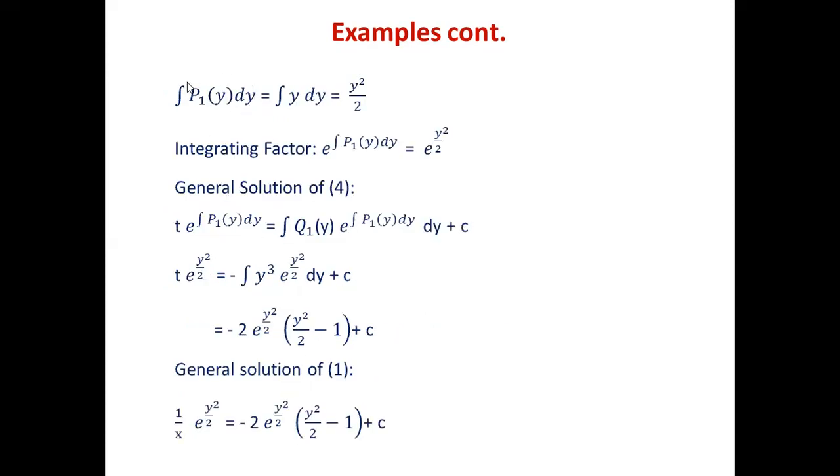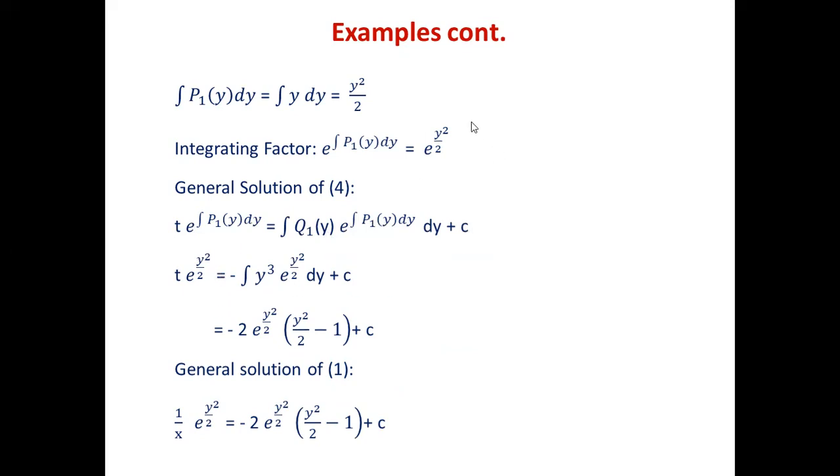Find the integral of P1 of y, and e raised to power integral P1 of y will give you the integrating factor. And write the general solution of the linear differential equation, which is t multiplied by the integrating factor is equal to integral of Q1 of y multiplied by the integrating factor plus the integrating constant.